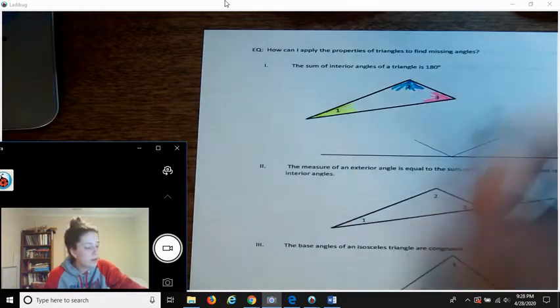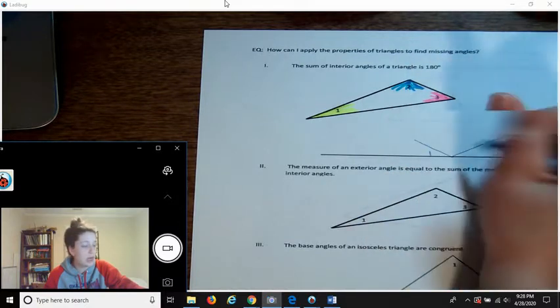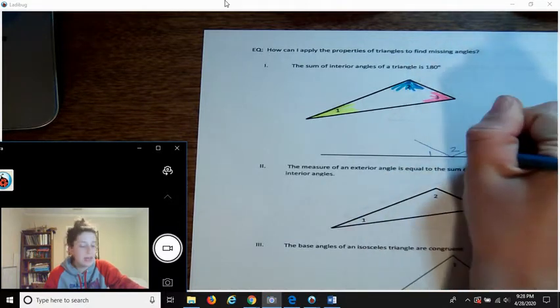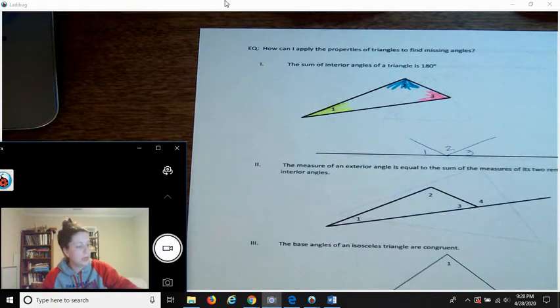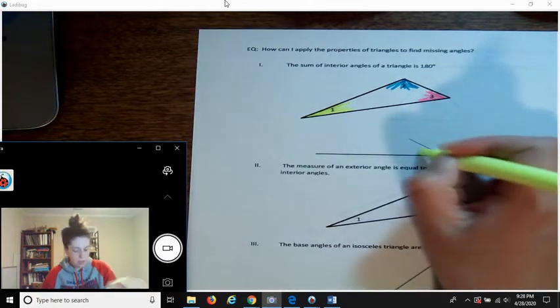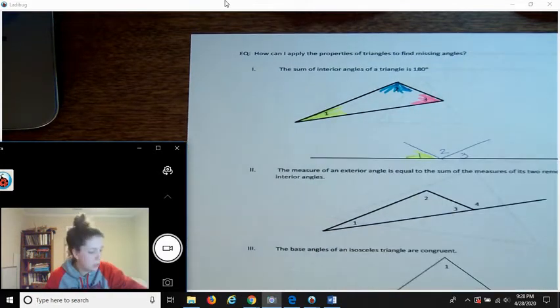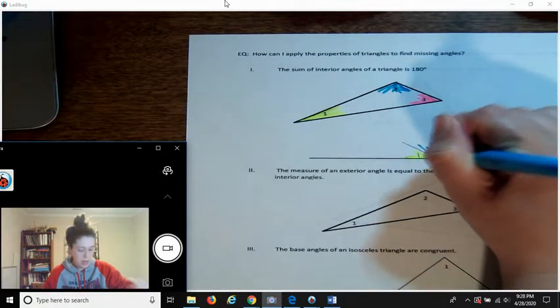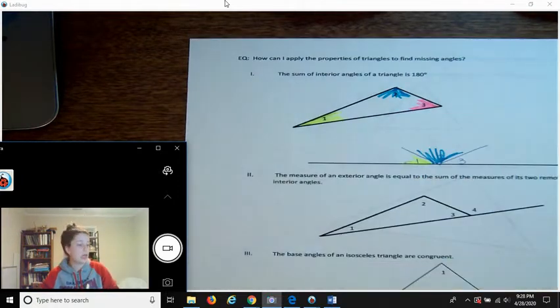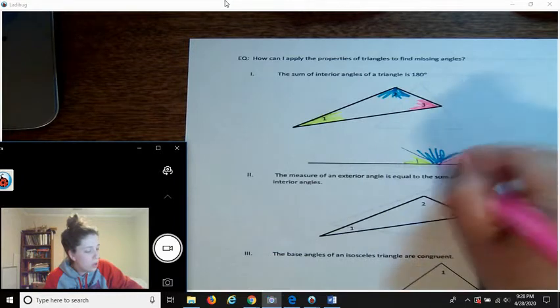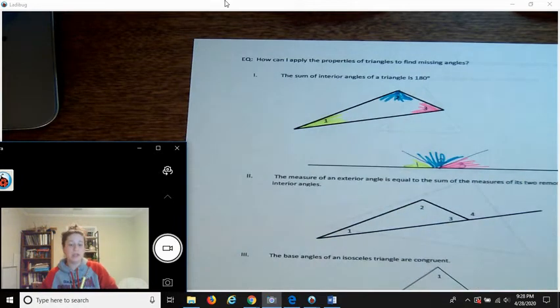There are multiple ways to do it, but you would have ended up with angle 1, angle 2, and angle 3 all added up together to combine to make 180 degrees.